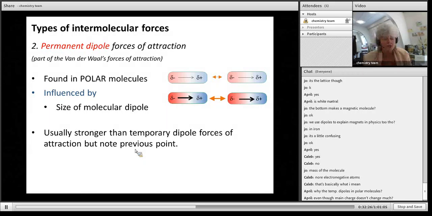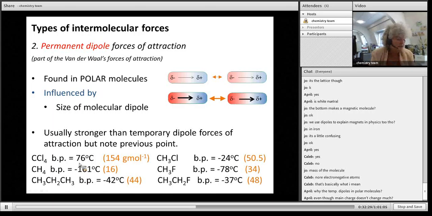So what I'm trying to show here is how the boiling point is a type of measure of the strength of the intermolecular forces, because a high boiling point has what? Strong or weak intermolecular forces of attraction?